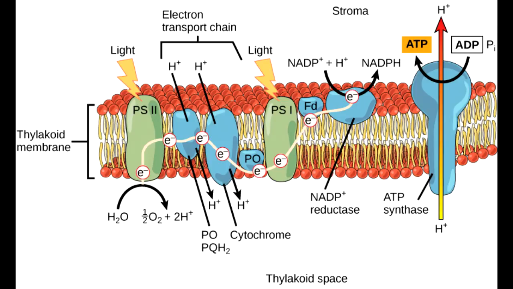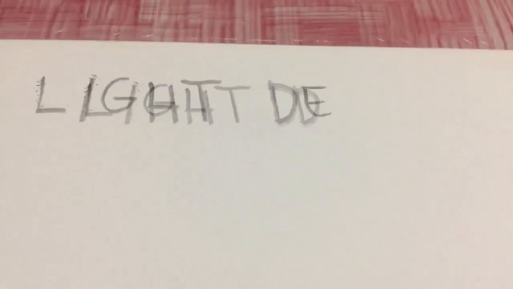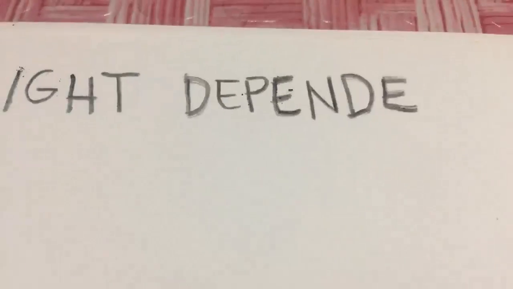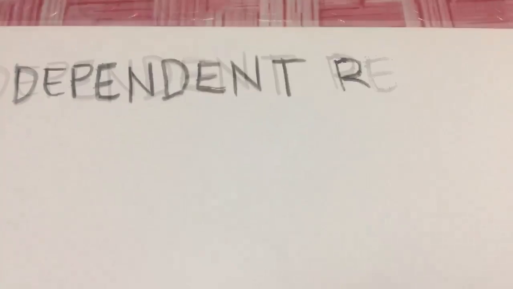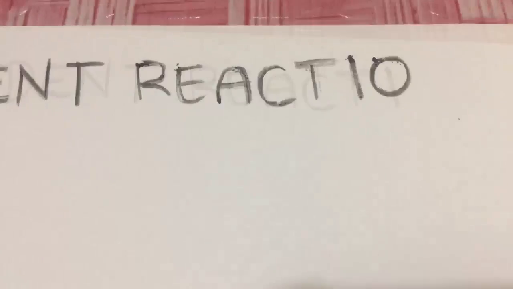The concentration gradient powers a protein called ATP synthase, which phosphorylates ADP. The ATP and NADPH produced during the light-dependent reaction will be used to produce sugar in the Calvin cycle during the light-independent reaction.